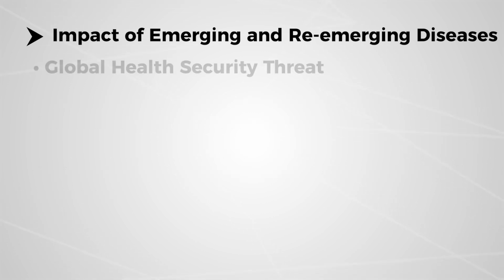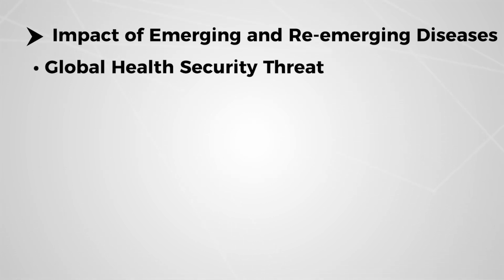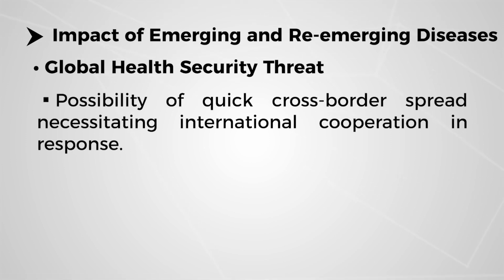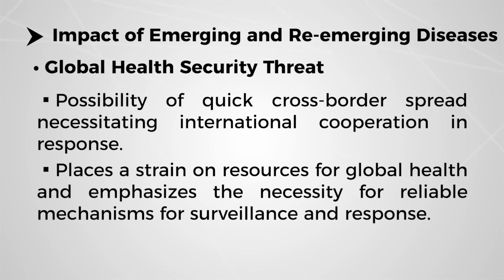Then we have the global health security threats. The possibility of quick cross-border spread necessitating international cooperation in response is very, very important. So it places a strain on resources for global health and emphasizes the necessity for reliable mechanisms for surveillance and response. So that is an essential component.